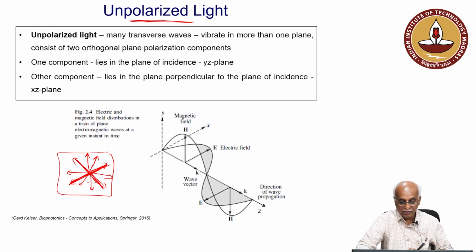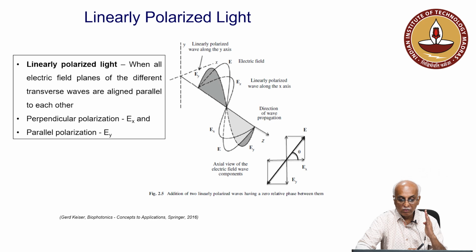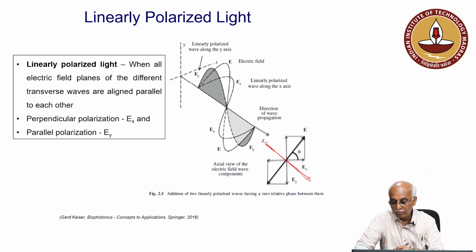However, linearly polarized light has one well defined electric field oscillation plane angle, and that particular angle determines along which this linear electric field is oscillating, and correspondingly at 90 degrees the magnetic field would be oscillating. And that is known as linearly polarized light.